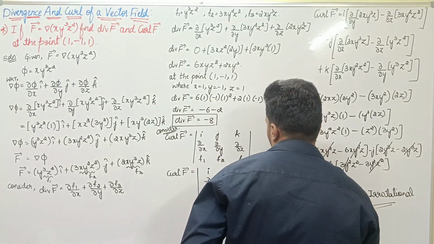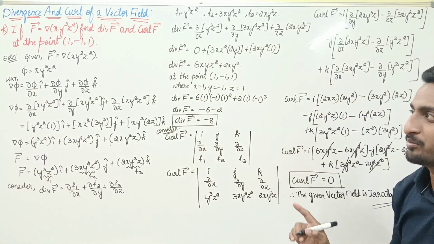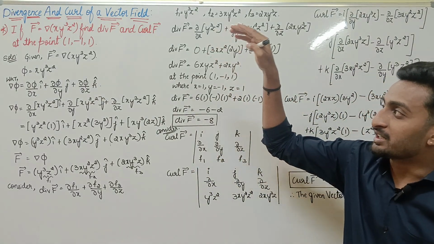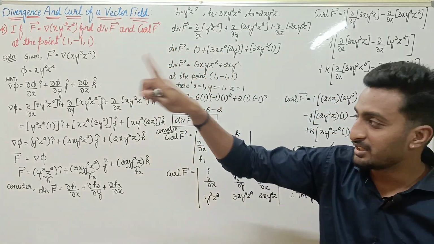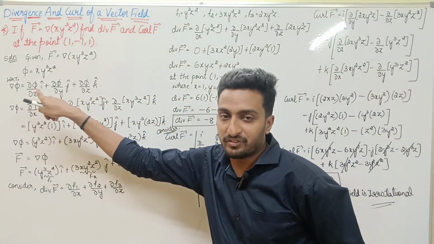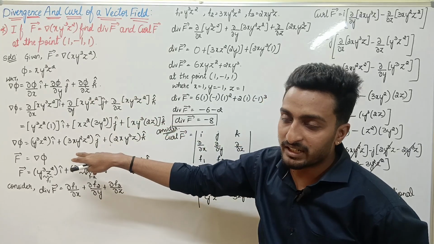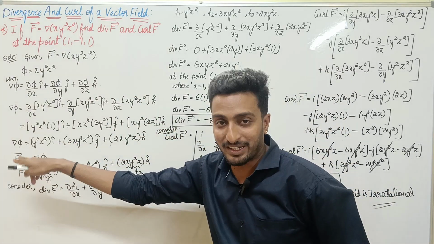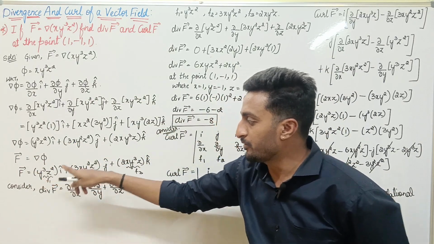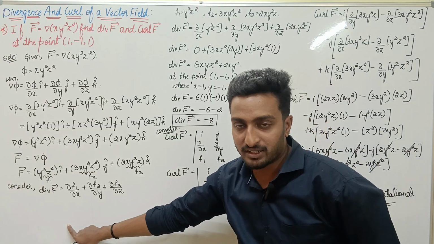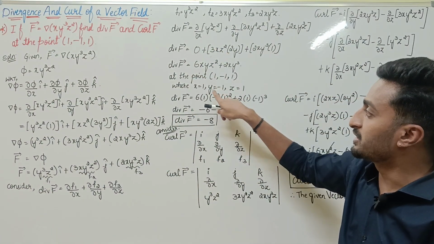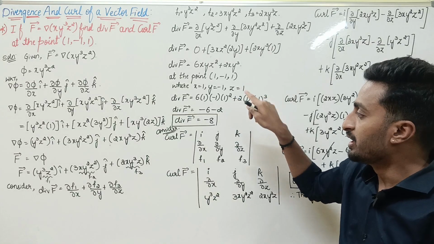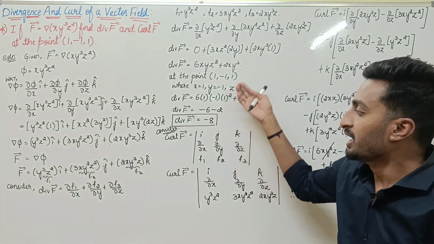I hope you have understood this problem with respect to solving divergence and curl of the given vector field, where we first find gradient phi, and considering that gradient phi we represent it with respect to vector f. Considering this vector f, I represent divergence of vector f, differentiate and apply the point (1, -1, 1), and you will get the value -8.